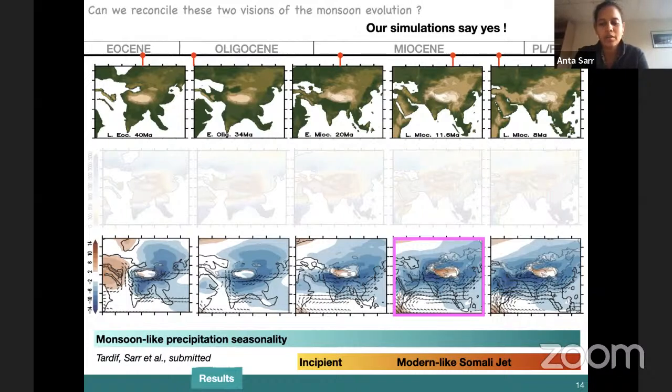So here we are able to simulate a reorganization of the atmospheric circulation somewhere during the Miocene, as suggested from the interpretation of paleoceanographic proxies.